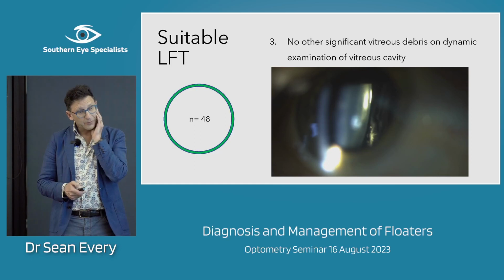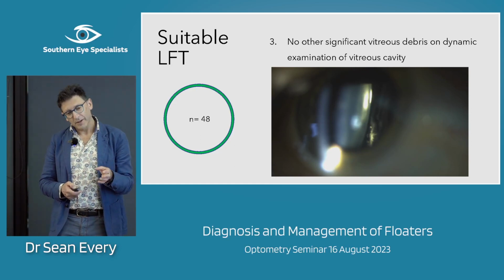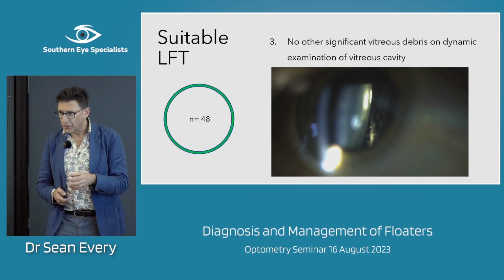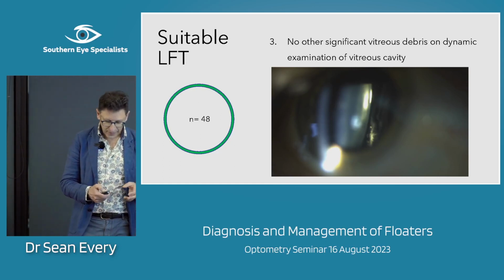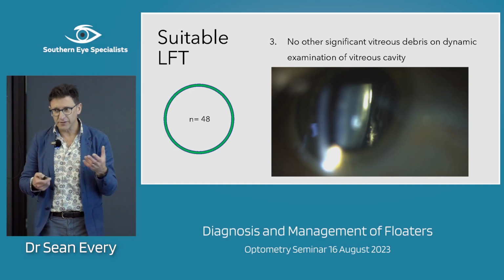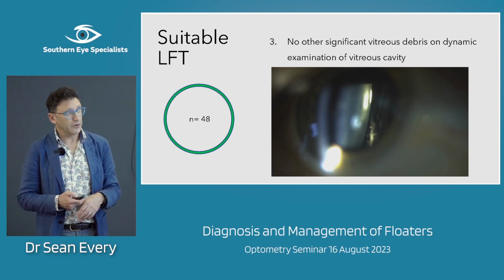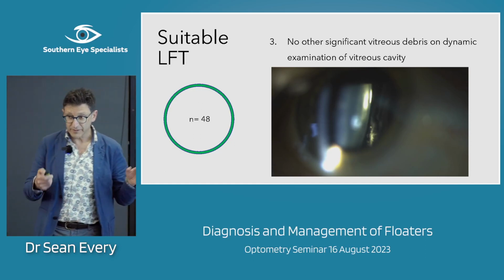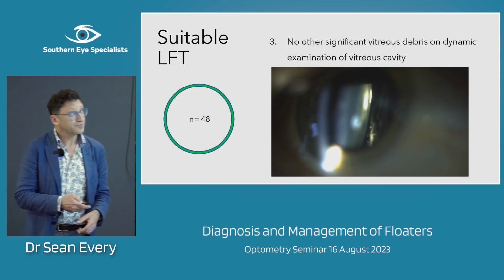So I'm constantly getting them to look up, down, left, right, and I'm looking for kind of bumblebees like that that are just bumbling around behind the lens that there's no way you can laser. So if there's anything like that present, I go, no, I can't actually help you.